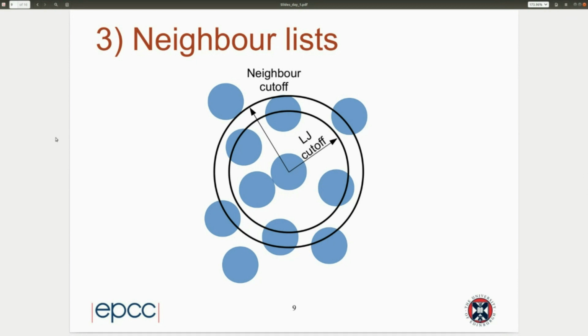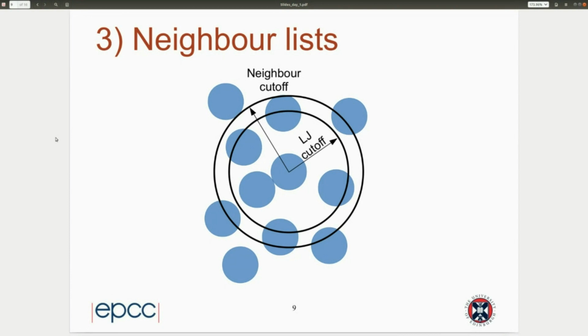What energy do you have from your interactions with atom 2? What about from atom 3? What about from atom 4? Etc., etc. And once you've added all of the different energies, from that you're able to get the forces, from that you're able to get the velocities, which you need to get to the next time step.